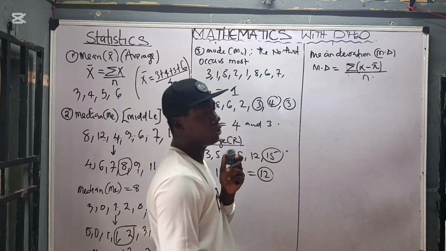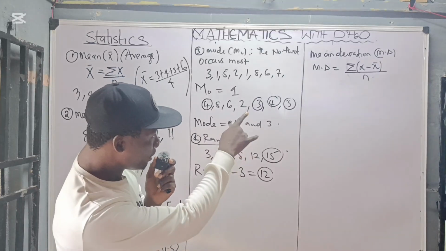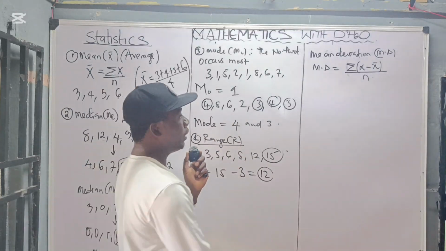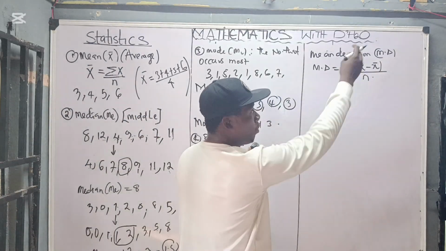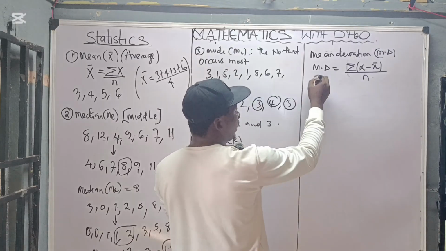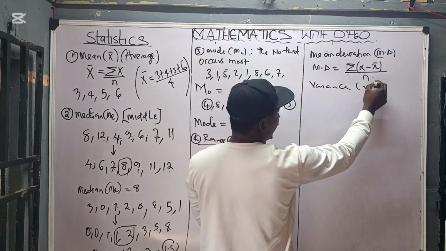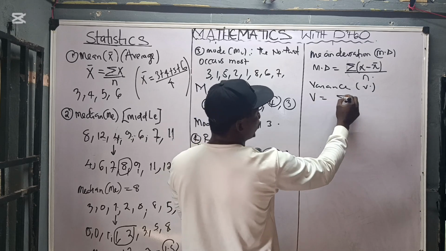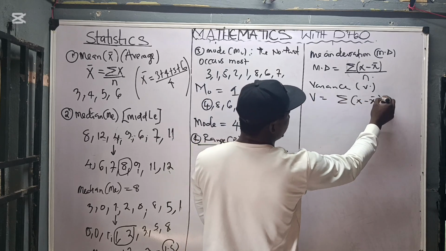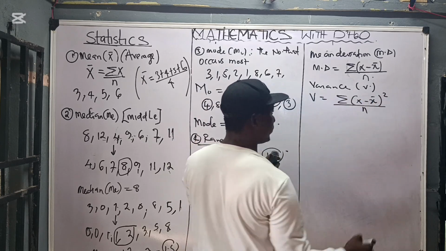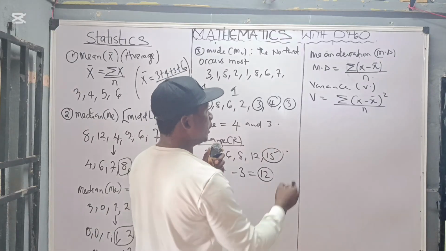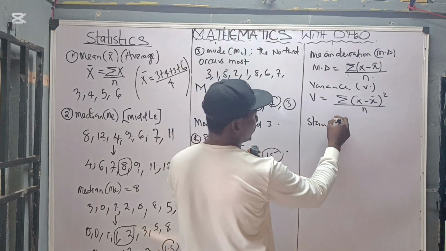This is your mean deviation. Don't worry, we are going to solve all the equations together. Let's go to the next one called variance. Variance is the summation of x minus x bar squared over n. Then finally, there's what we call standard deviation.